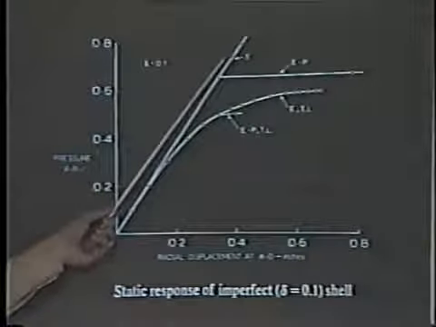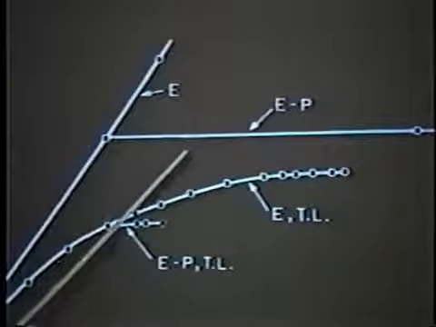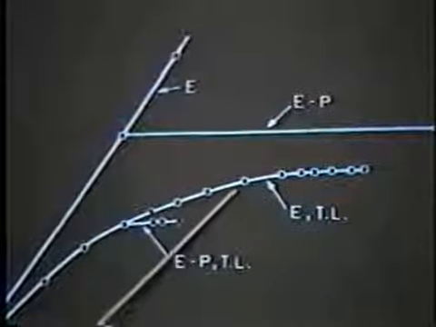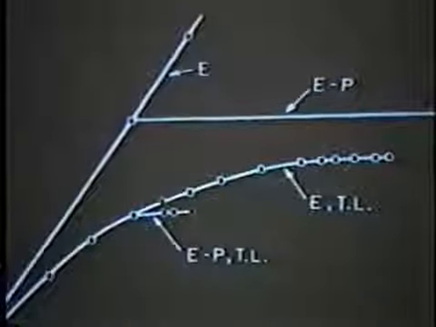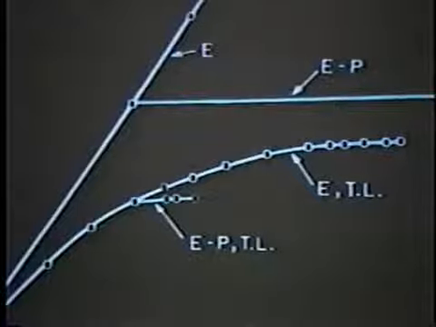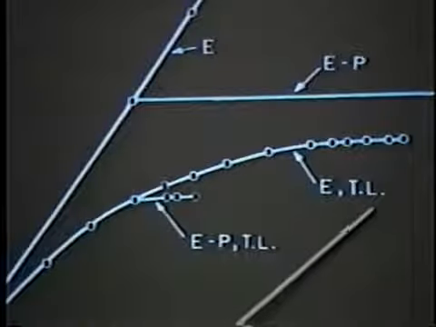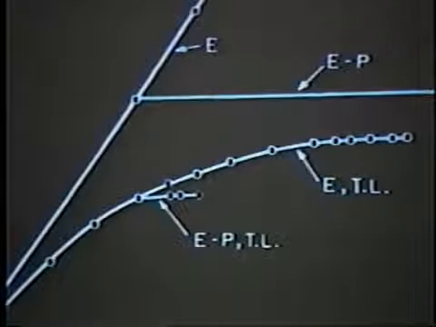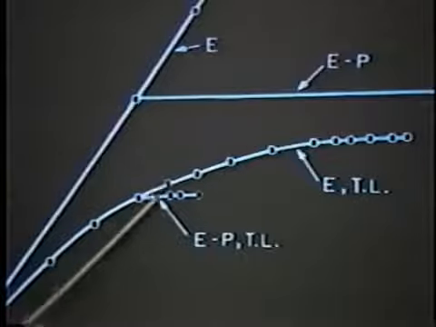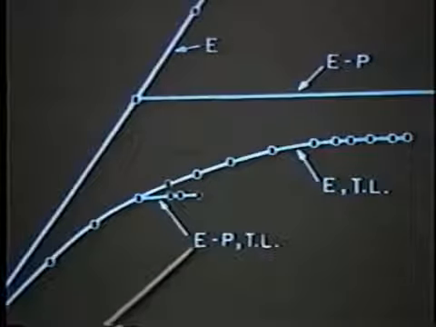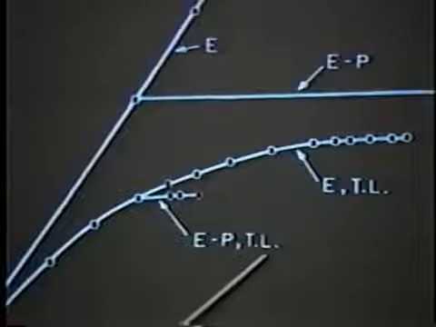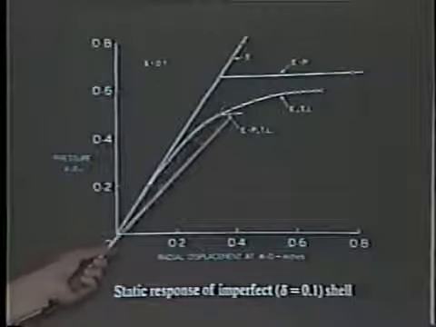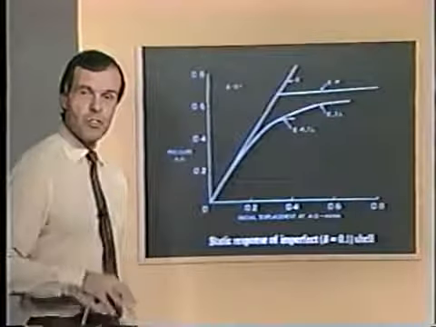Notice here the linear analysis, denoted as E, the materially nonlinear only analysis results, denoted as EP, the large displacement, large rotation analysis results, but assuming an elastic condition for the shell, denoted as E, TL, TL standing for total Lagrangian formulation, and the elastoplastic large displacement solution given here, denoted as EP, TL. Notice that because of the imperfection, the maximum load carrying capacity of the shell is decreased.